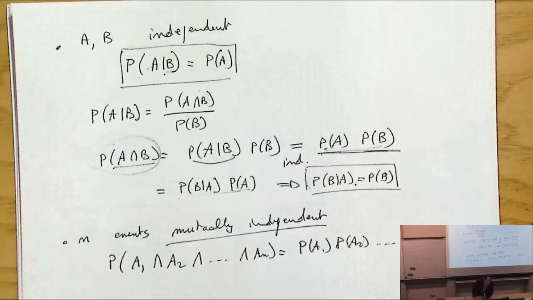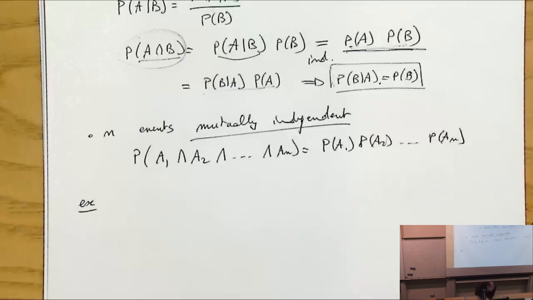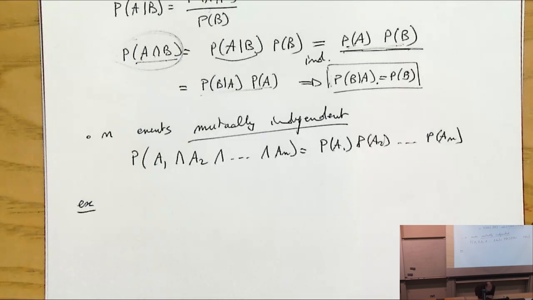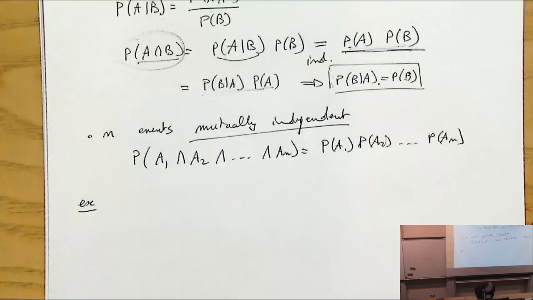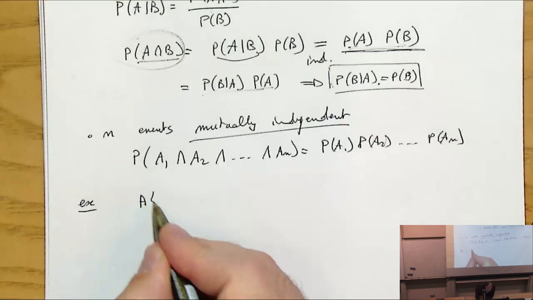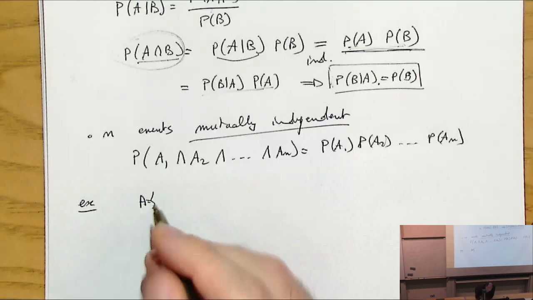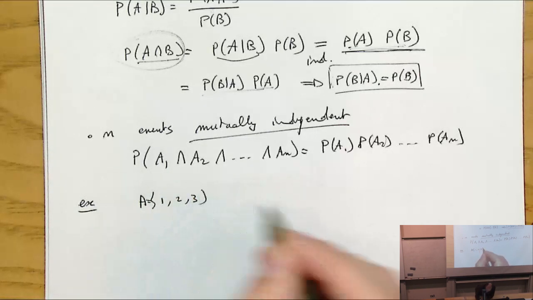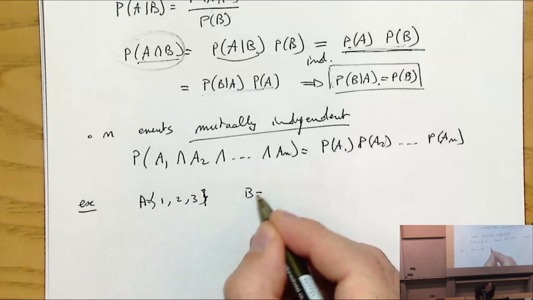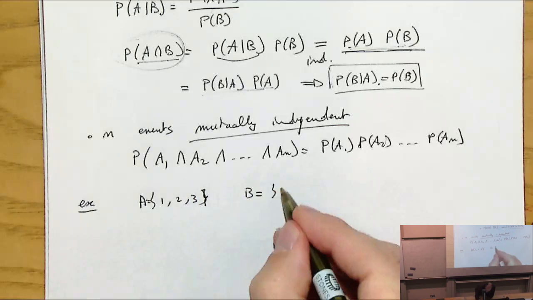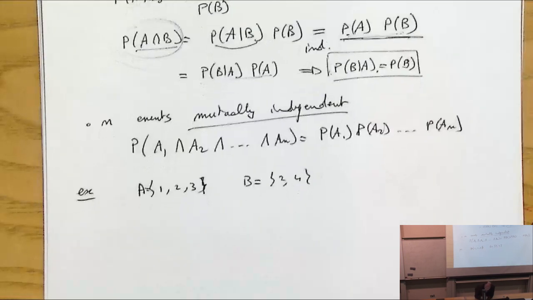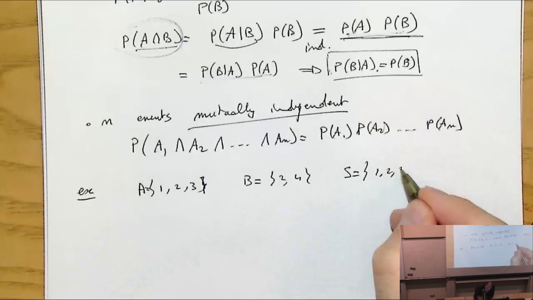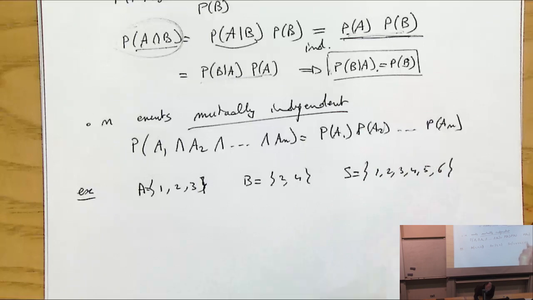So let's look at an example where I have 2 sets, and I'm throwing a die. Set A is, let's say, 1, 2, 3. And set B is 2 and 4. My sample space in the context of throwing a die is 1, 2, 3, 4, 5, 6.